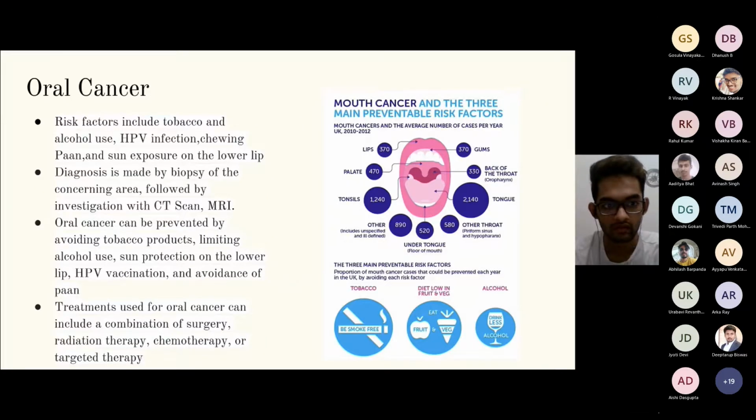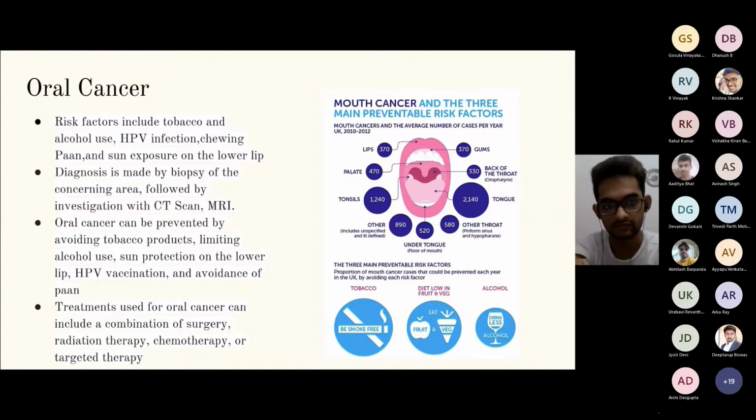The major cause of oral cancer is alcohol and tobacco usage, and sometimes HPV infection, chewing paan, or sun exposure on the lower lip.